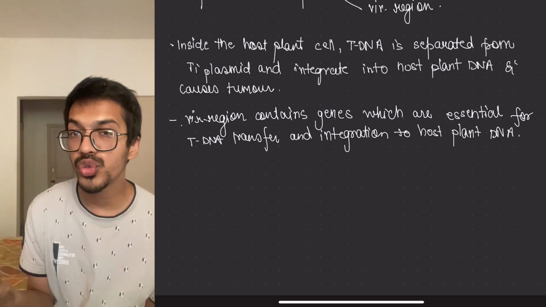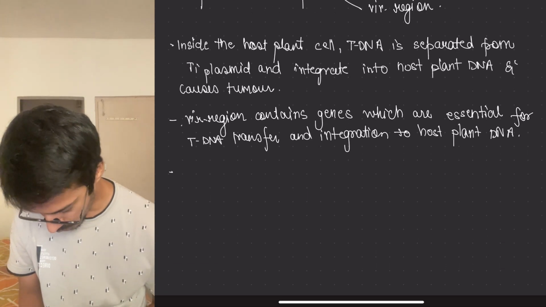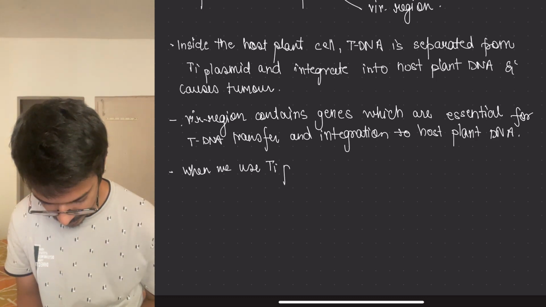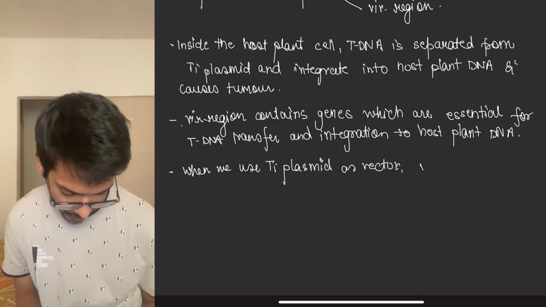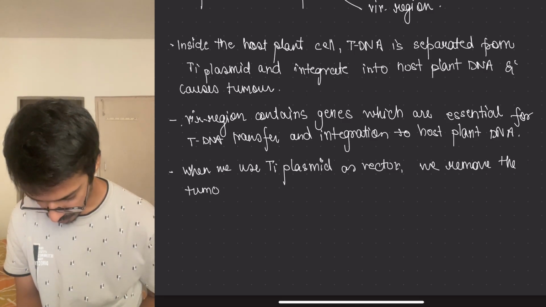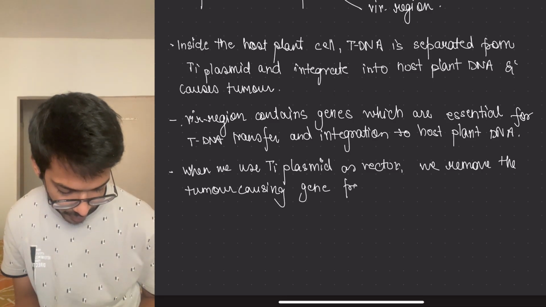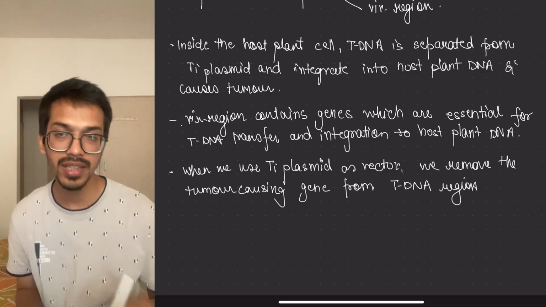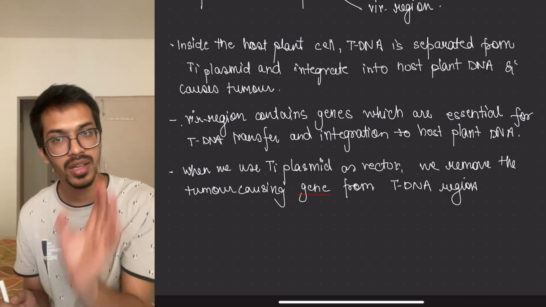So when we have to use this, what we will do? We will remove this tumor inducing thing. Okay. So when we use Ti plasmid as vector, we remove the tumor causing genes from tDNA region, because the rest of the thing that should go and integrate with the plant DNA itself, we need it.